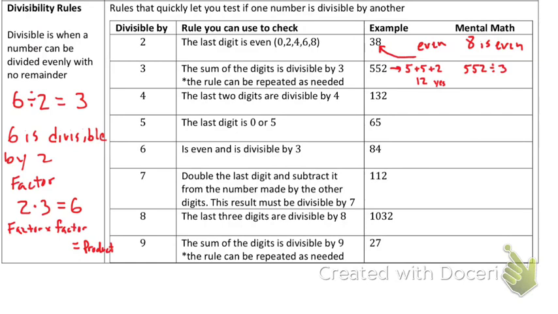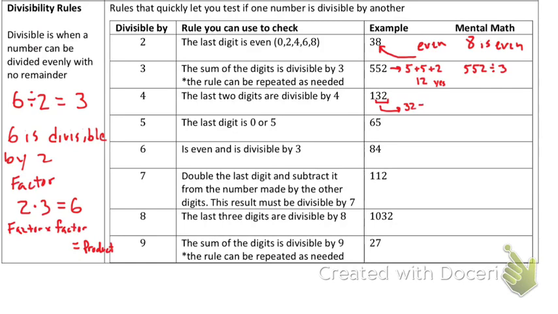To check if something is divisible evenly by 4, what you're going to do is take your number, in this case we have 132, and we are going to check, is 132 divisible by 4? To do this, we want to focus in on the last 2 numbers. Checking out the last 2 numbers, we have the number 32.